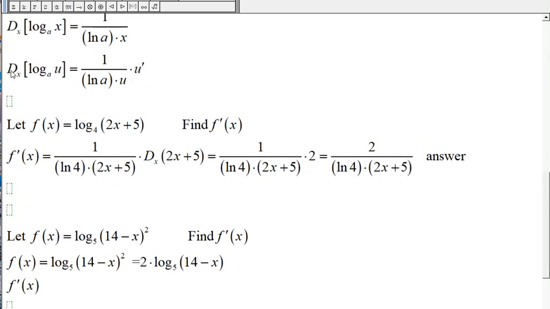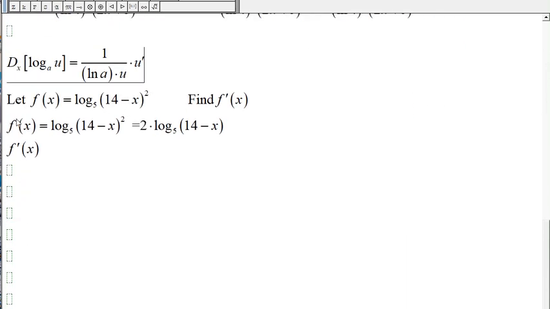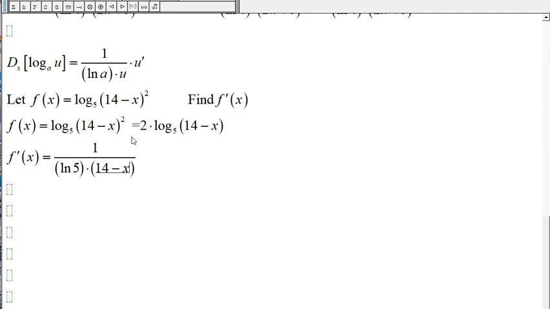Again, the chain rule is this. Here we would let u be 14 minus x. So the derivative would be 1 over ln of 5, since the base is 5, times the expression 14 minus x. And then we have the 2, we can place in the front here, times the derivative of 14 minus x.